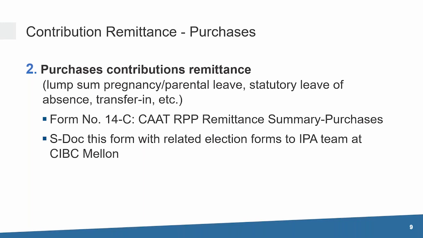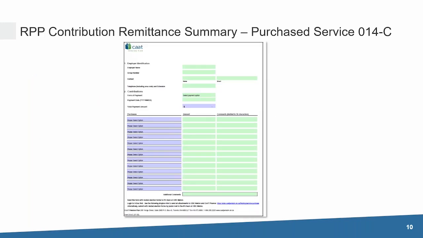We ask that you SDoc, secure doc, this form along with other related election forms to the investment pension accounting team at CIBC Mellon. The link to the SDoc is in the form at the bottom. In this slide, you will see a picture of the form to use.